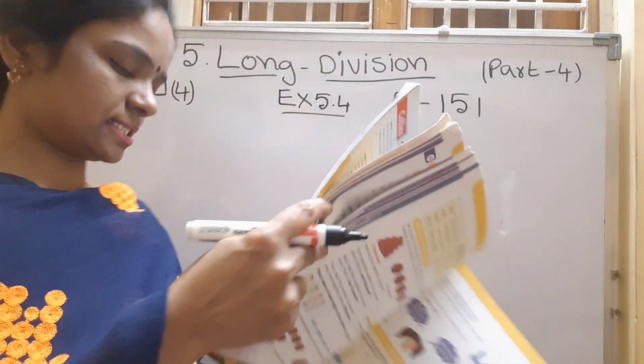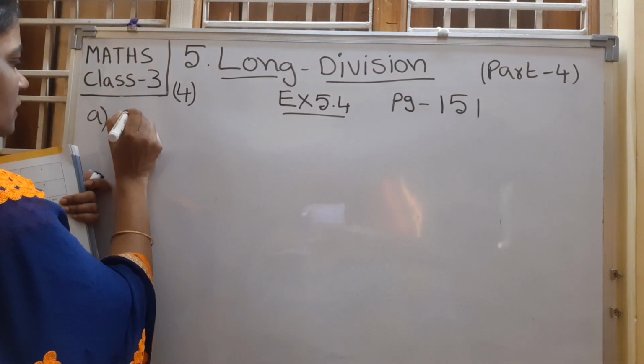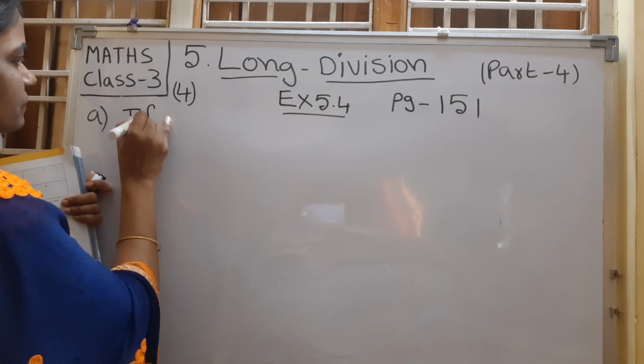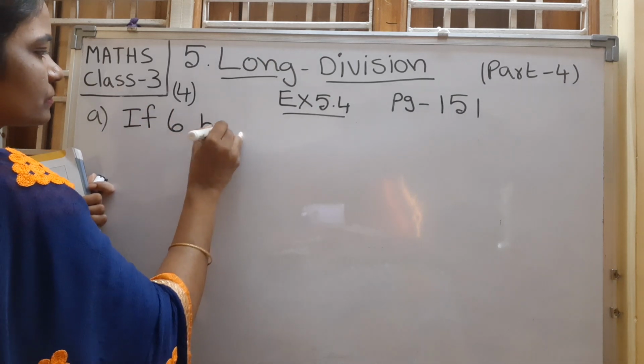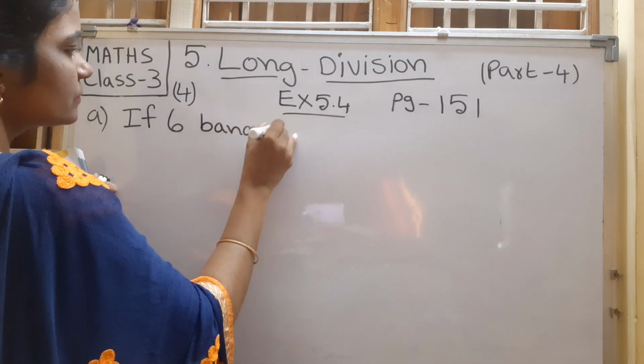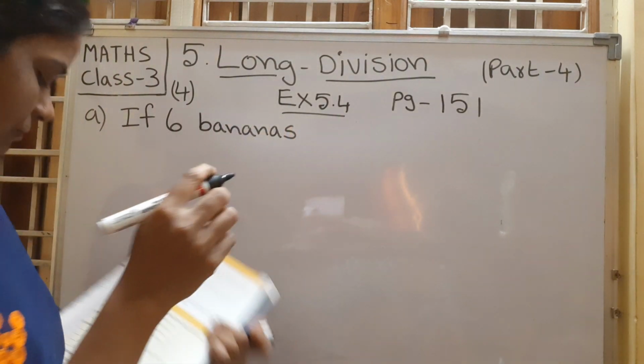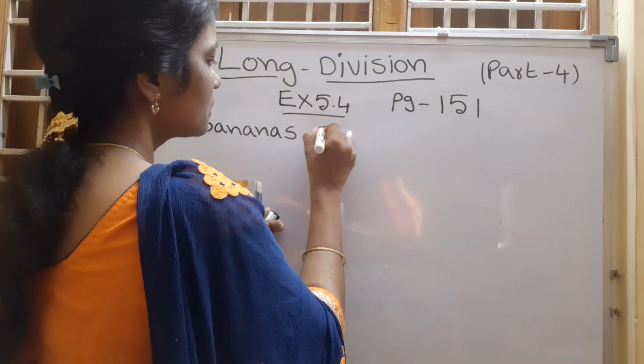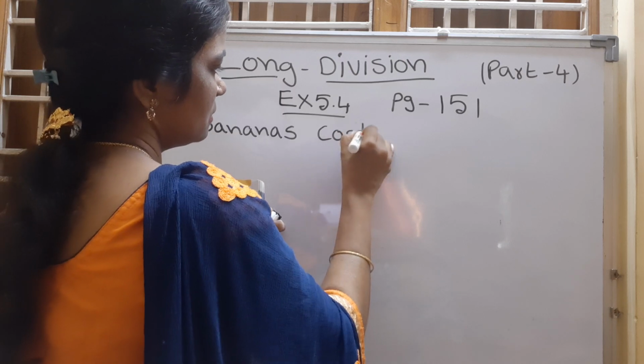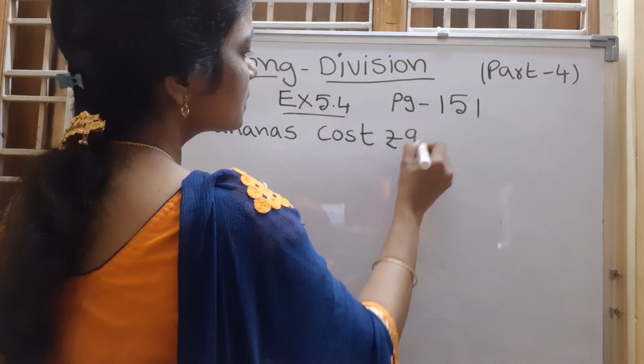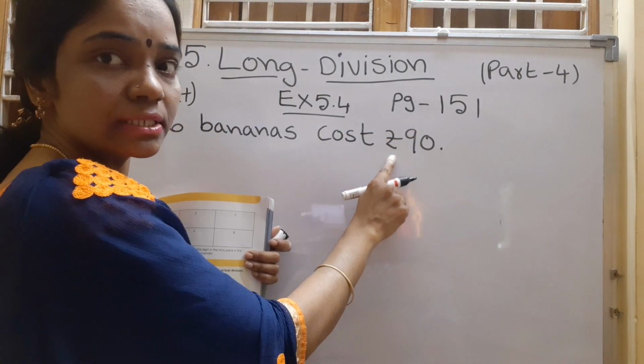Shall we write? Yes. Everyone write down. If 6 dozen bananas cost is 90 rupees. This is the rupees symbol, children.